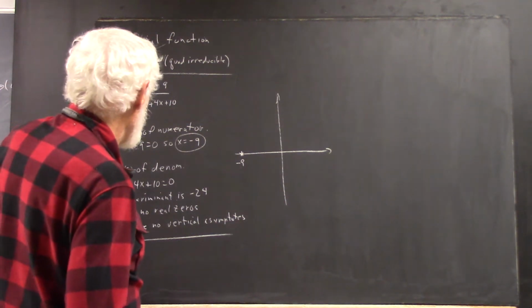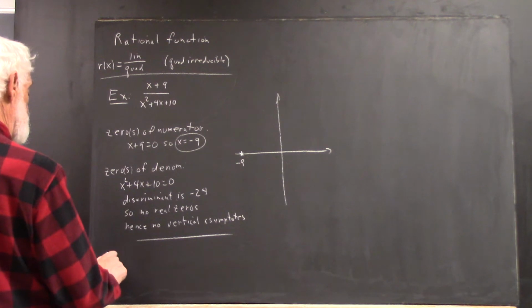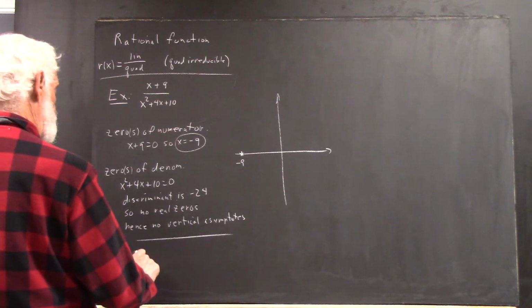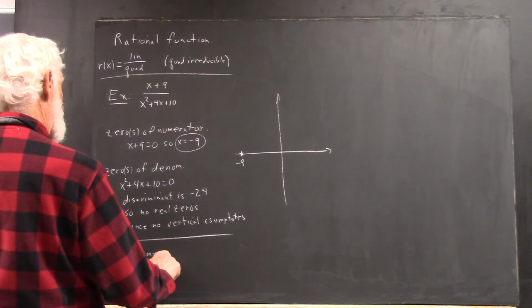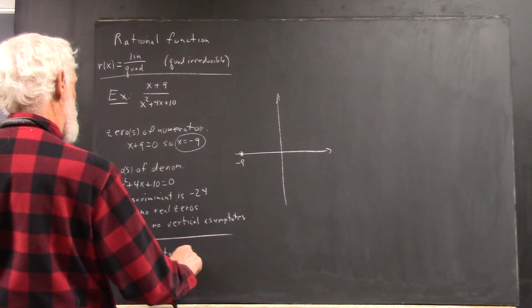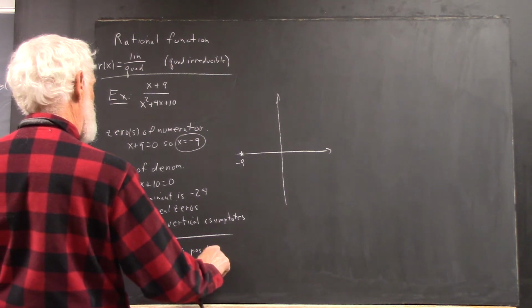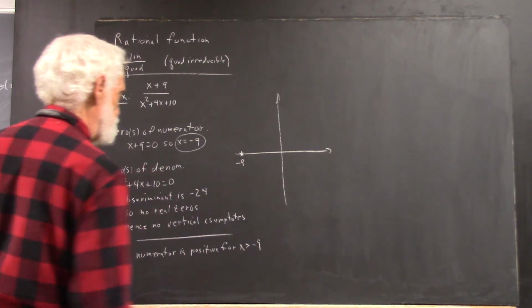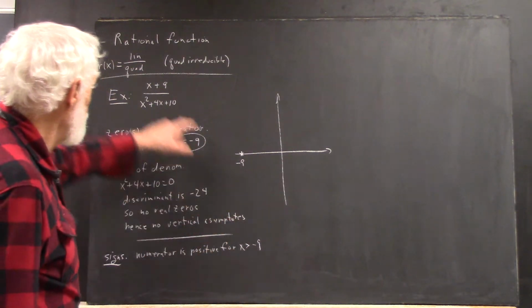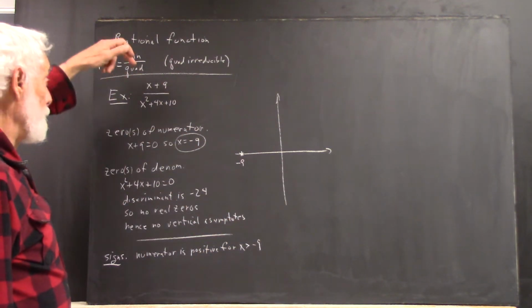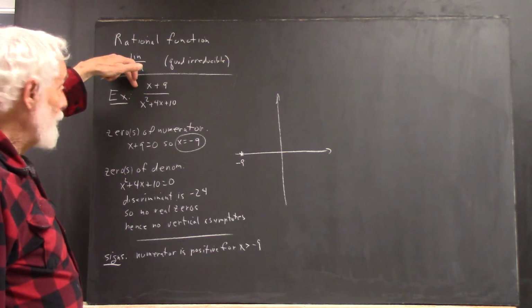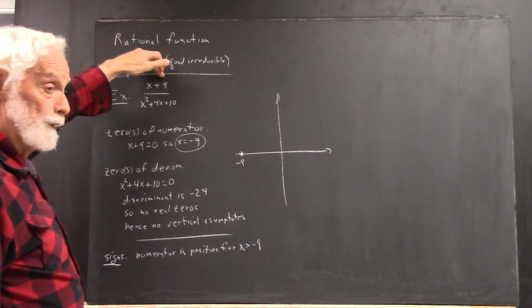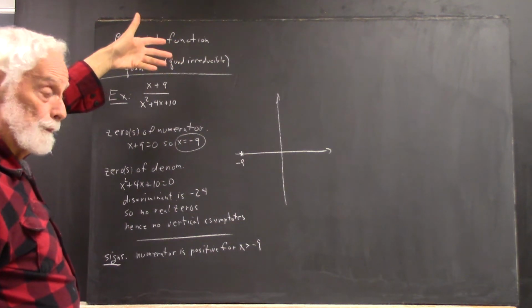Okay, what about the signs? Well, the numerator is positive for x greater than -9. Any number bigger than -9 added to 9, like -8 added to 9, gives you a positive number.